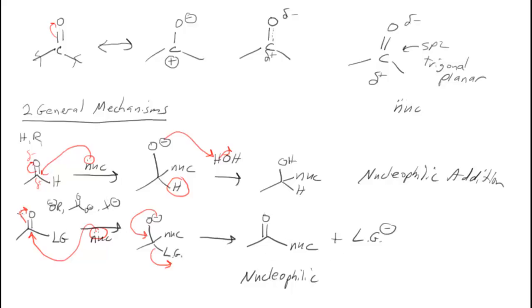So first the nucleophile adds to the carbonyl, and then the electron pair comes back, eliminating the leaving group. So we have to have a different name for it to explain how it's a different mechanism. So what we call it is it's a nucleophilic acyl, and acyl is just another word for carbonyl. Nucleophilic acyl substitution.